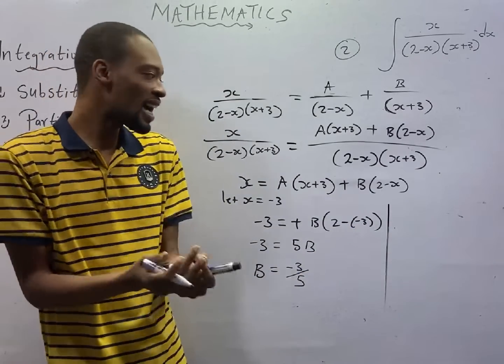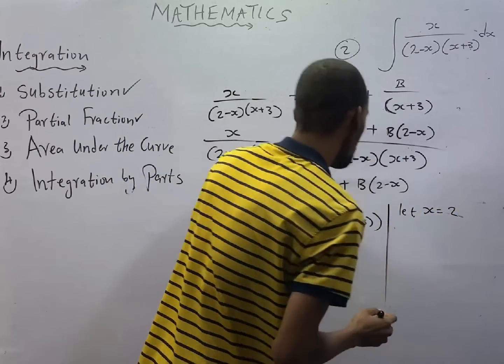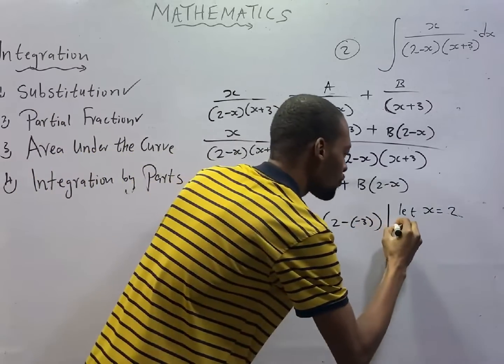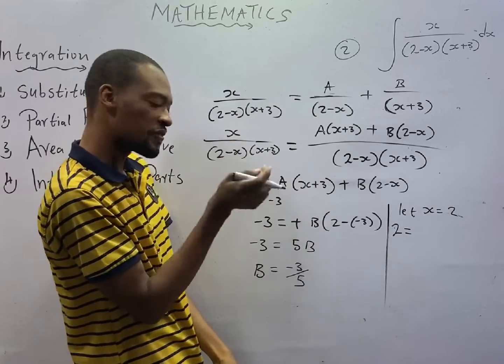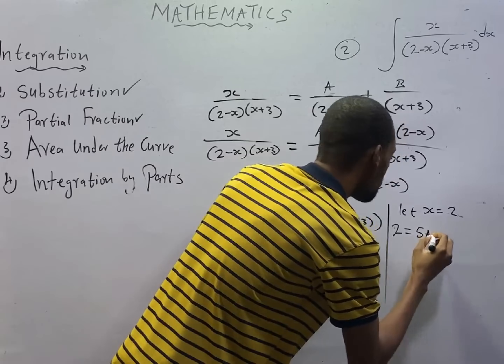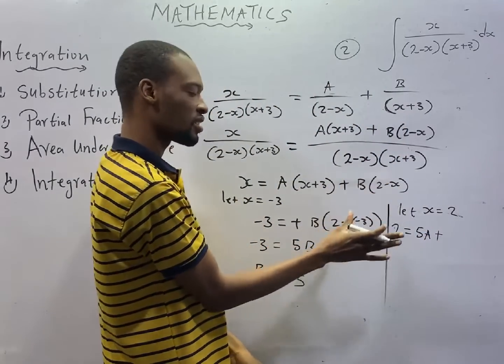Now, if we let s equal 2, substituting here, you will have 2 equals (2 plus 3), which is 5, times A, that is 5A, plus (2 minus s), which is 0.